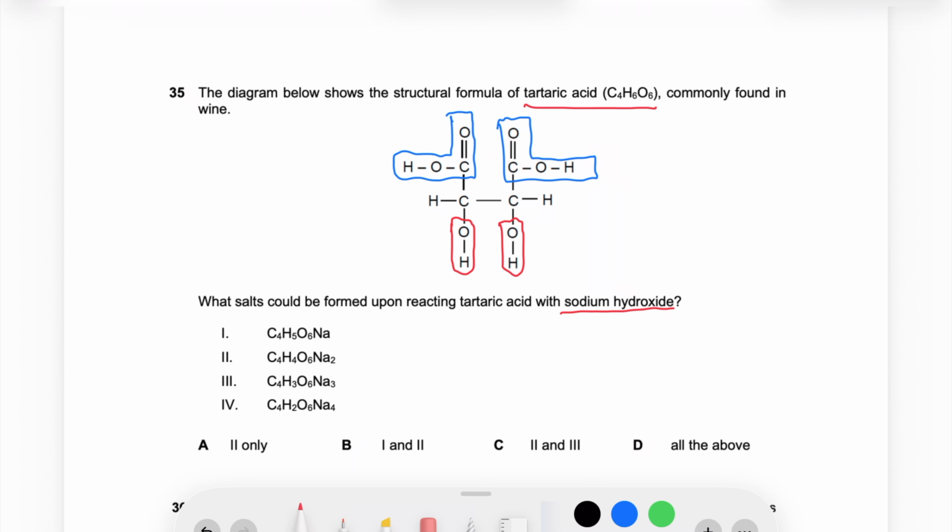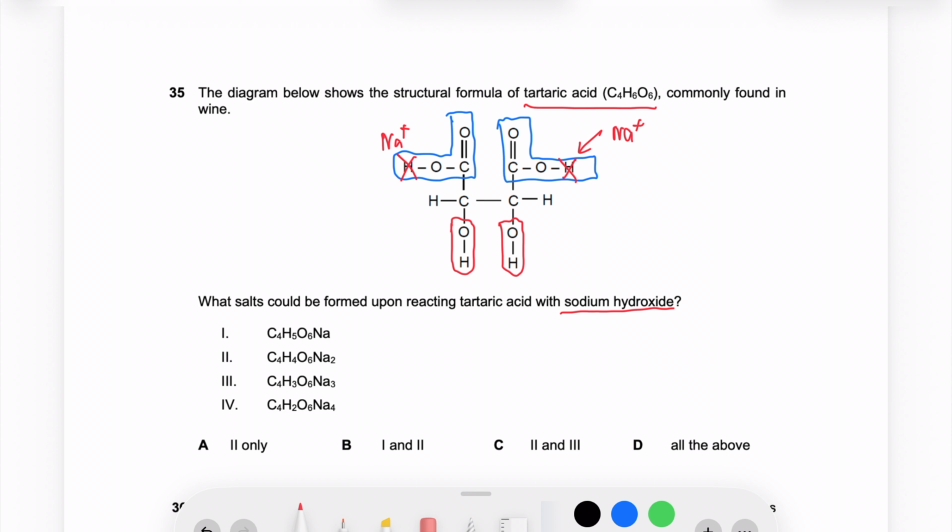When you react with sodium hydroxide, this is the part that they will react with. The Na+ will go in to remove the H, then it is replaced by Na+.